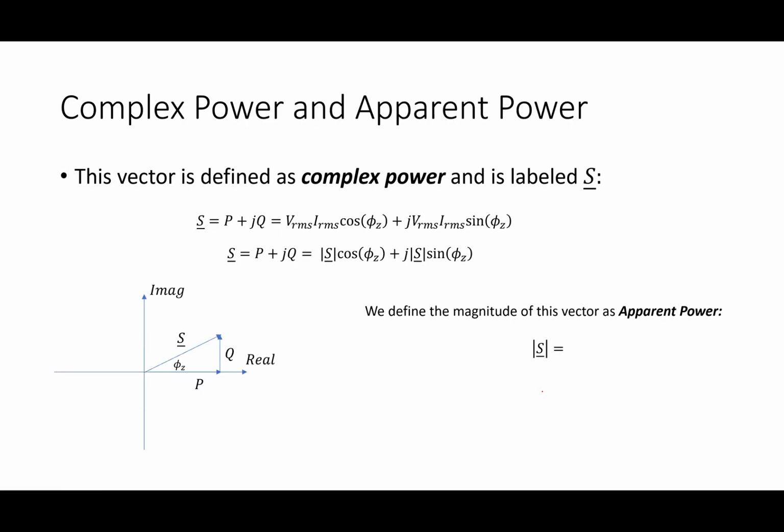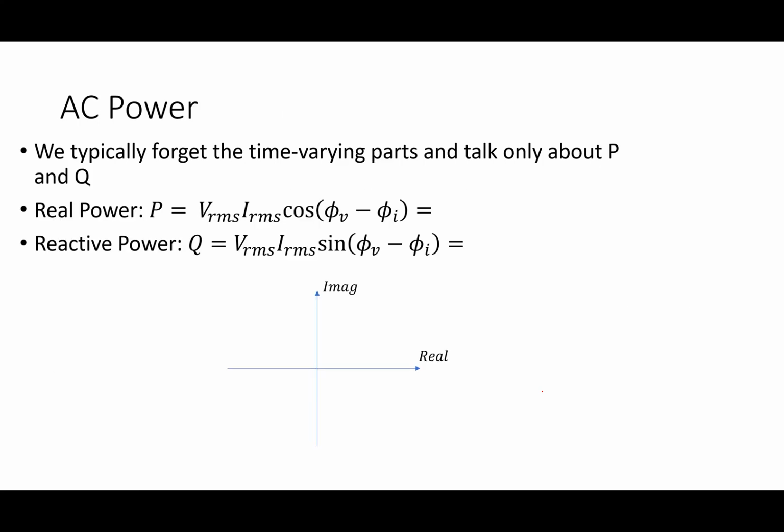There are a couple of things that we need to remember. If I look at the P and Q definition, P is VRMS, IRMS times the cosine of an angle. Q is VRMS, IRMS times the sine of an angle. Angle V minus angle I. What is that? Gotta be something.